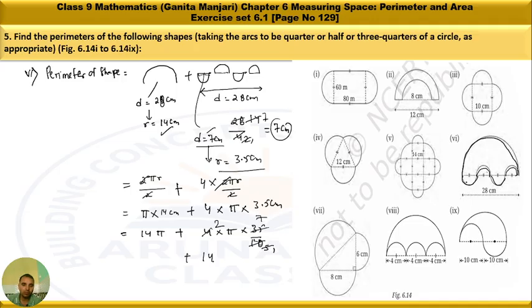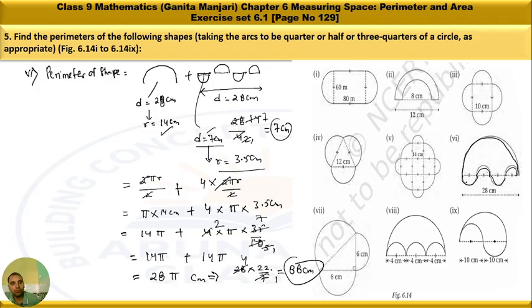So here it is 14 pi plus 14 pi, so it becomes 28 pi centimeter. It means 28 multiplied with 22 upon 7. 7 fours are 28, 4 twos are 8, so 88 centimeter will be the perimeter of the given shape.